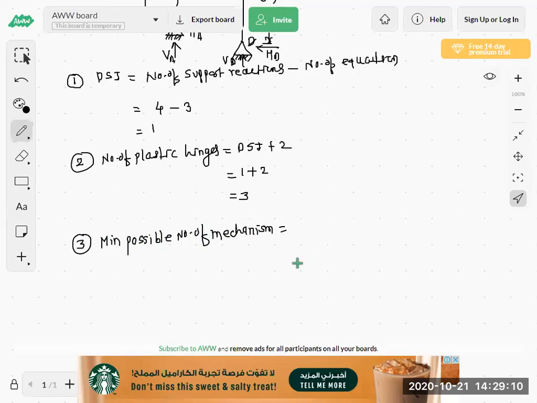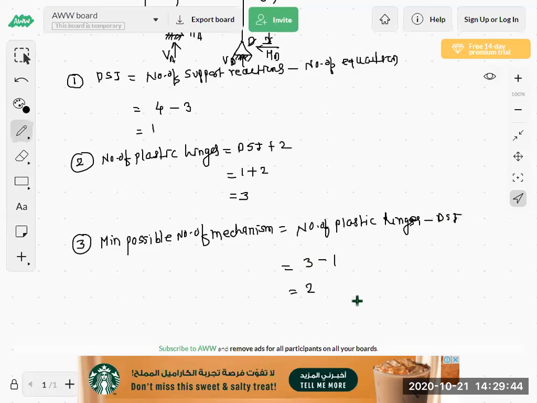How many minimum mechanisms will we have to solve? The minimum possible number of mechanisms is the number of plastic hinges minus DSI. The number of plastic hinges is 3 and DSI is 1, so it is equal to 2. So a minimum of 2 mechanisms we have to solve for the plastic analysis.